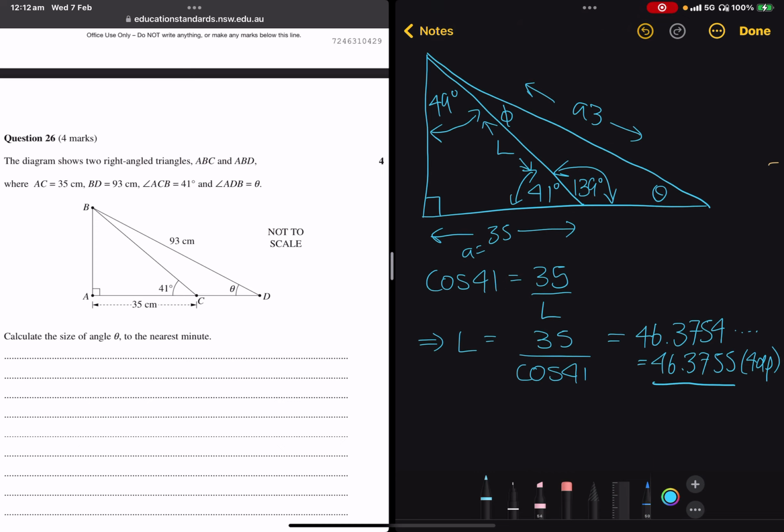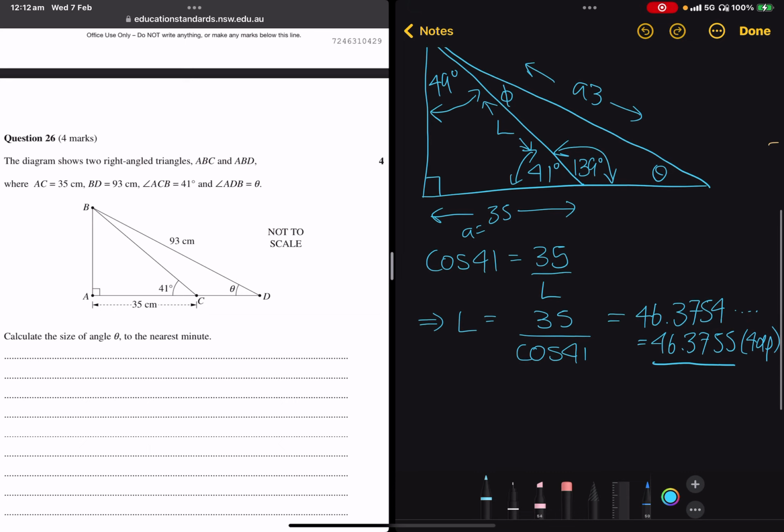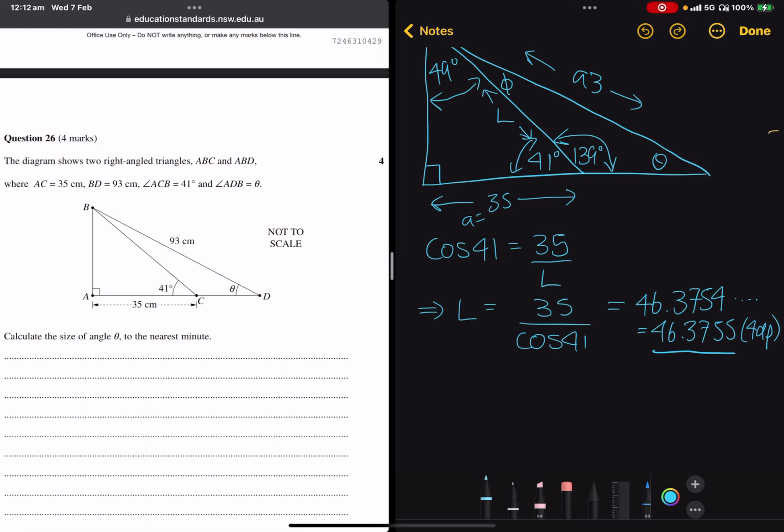So now that we have this length, we can use this length and the angle theta, along with the angle 139 and the length 93, in a non-right angle sine rule. So we have sine of theta divided by L, which we just said was 46.3755, this is 4 decimal places, is equal to sine of 139 divided by 93.